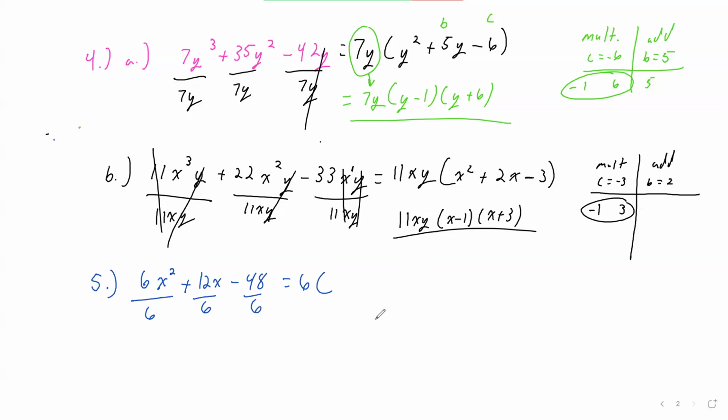X squared. Oh, this one doesn't have an x in it, so I can't pull out an x. That last term. So 6 would be your greatest common factor. Not the x squared, just the 6. And I'd be left with the x squared.